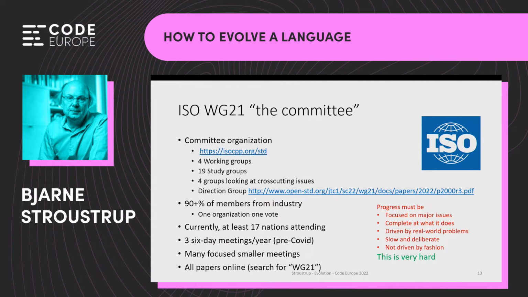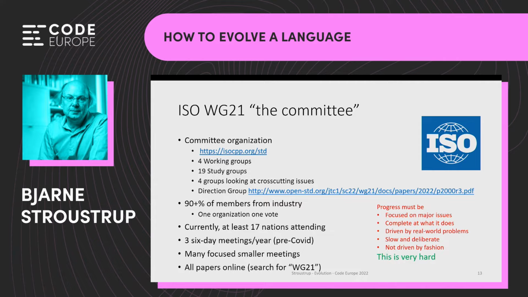So basically, the organization under the C++ committee, you can find all the details on the ISO CPP website. That's the C++ Foundation's website. 4 working groups, 19 study groups, 4 groups looking at cross-cutting, performance, safety, things like that, and a direction group that tries to build on the work we have on criteria, ideals, direction, and such.